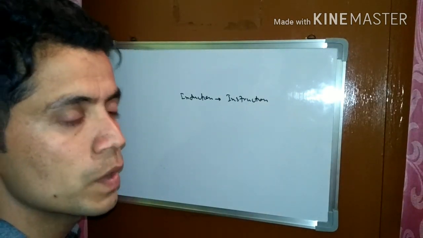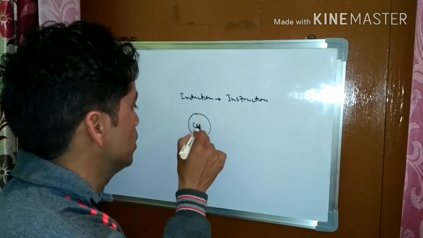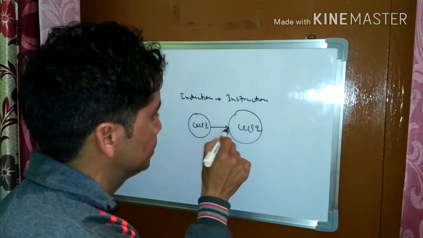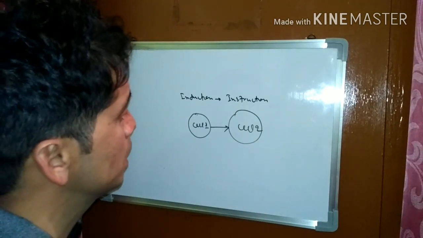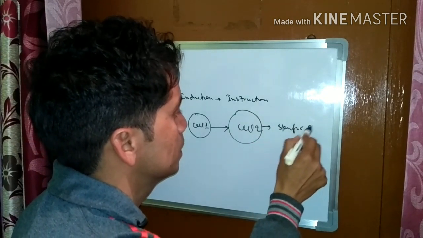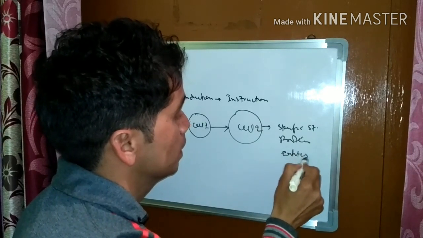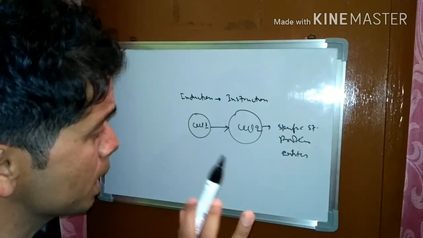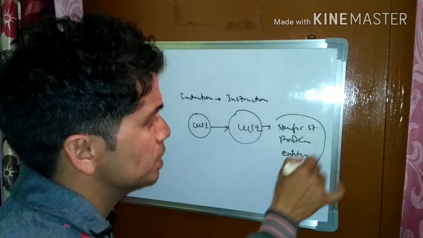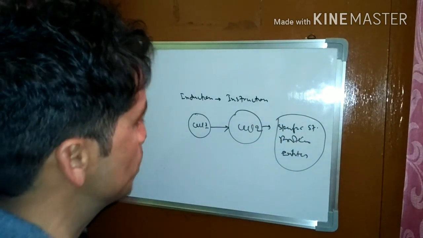So here in embryonic life, one cell, cell 1, sends a signal to cell 2, and cell 2 forms a specific structure, protein or other entities. What is its meaning? Without the effect of cell 1, cell 2 cannot form these molecules and structures. This is what I call induction. I hope it is clear to you.